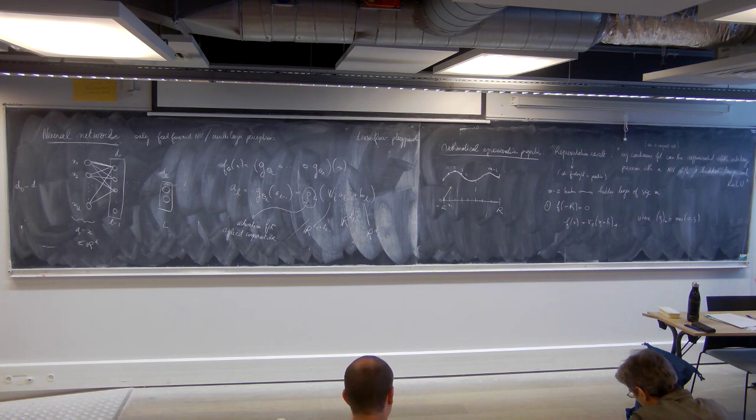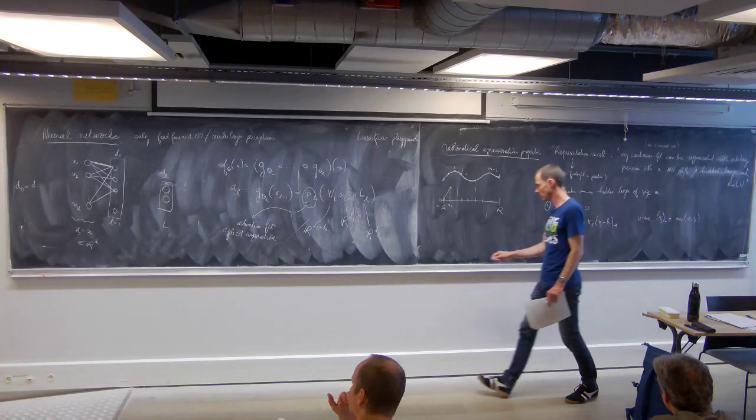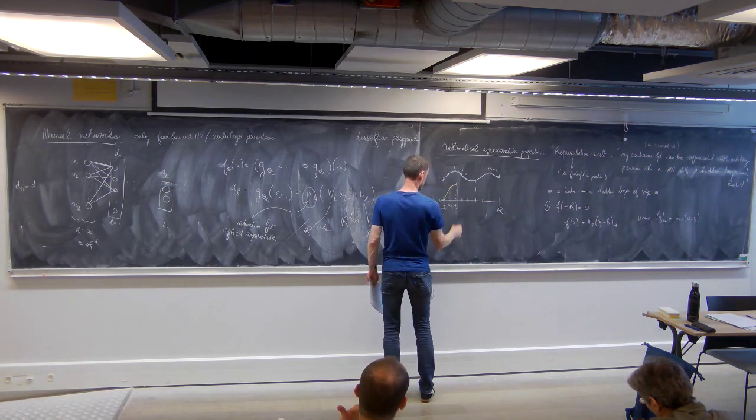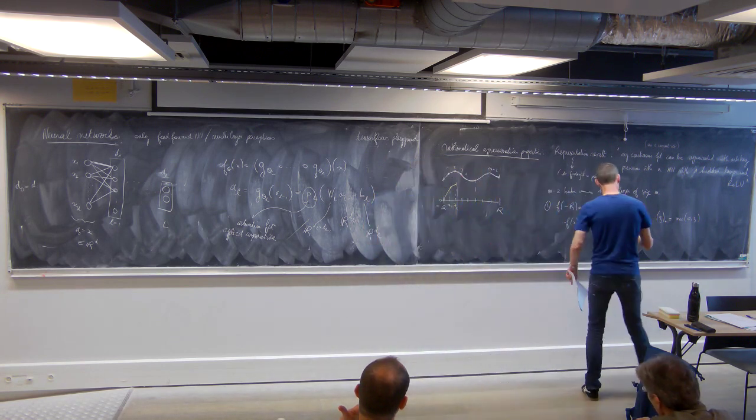So that's what we have on the first interval. Now on the second interval, we have a piecewise affine function. It's doing something like that. It's going from x1 to x2 with some slope.